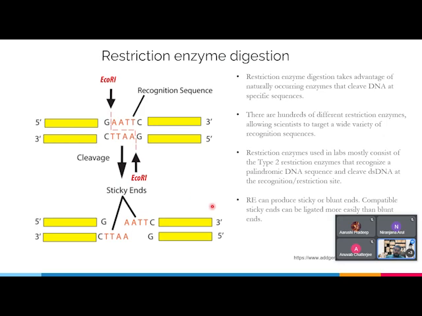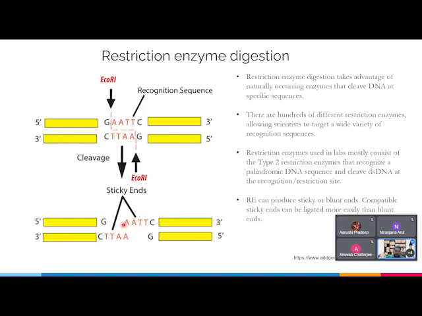Restriction enzymes can produce sticky ends or blunt ends. What I mean by sticky ends is that when you see the cleavage by EcoR1, there are overhangs of single-stranded DNA. In the upper strand we have AATTC and in the lower strand we have TTAA.